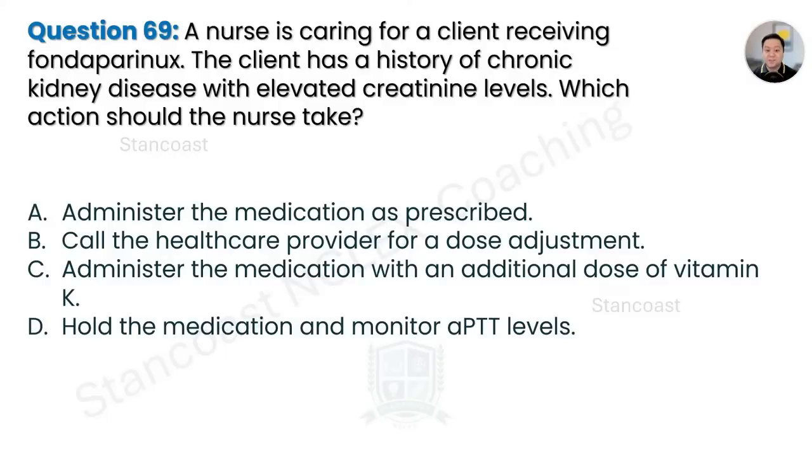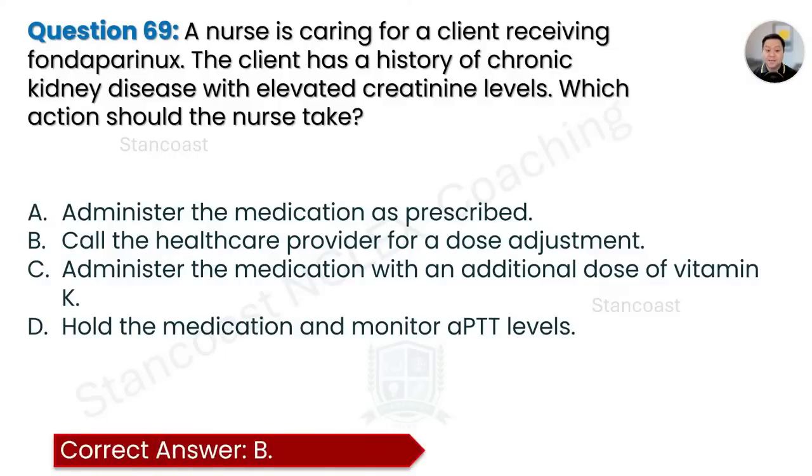Your answer should be letter B, because clients with renal impairment require a reduced dose of this medication or possibly discontinuation of this drug to avoid the accumulation and to prevent toxicity. We know that an elevated creatinine level can compromise this patient and will lead to more adverse effects.